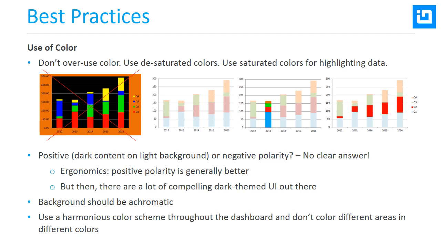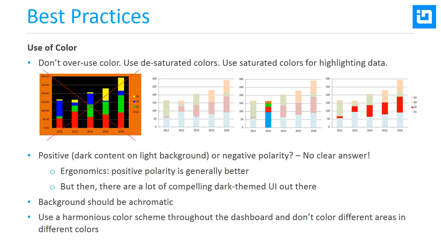What about polarity? Should our dashboard have a positive or a negative polarity? There's actually no clear answer to that. From an ergonomics perspective, talking hardcore here, we would say that a positive polarity, where we have a light background and then dark content on top of it, is generally better. But then we've all seen very compelling, professionally designed, dark-themed UIs out there.